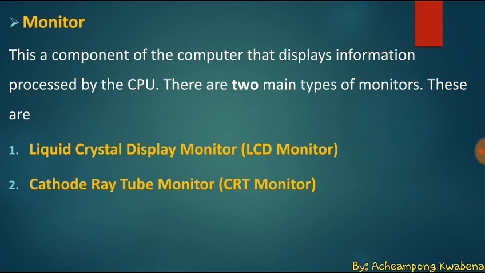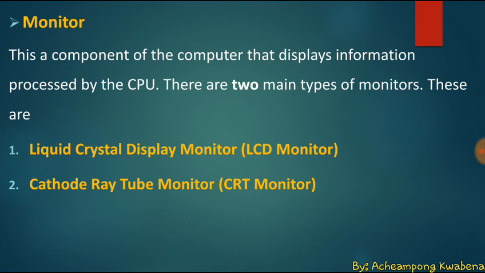The main function of this device is to display the information being processed by the CPU inside the system unit. For monitors, we have two main types. The first one is the liquid crystal display monitor, or the LCD monitor. Then we have the cathode ray tube monitor, which you can also refer to as the CRT monitor.